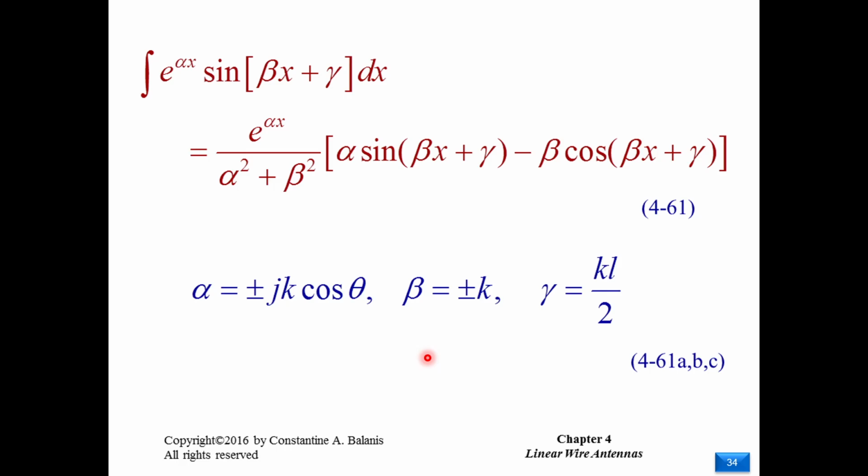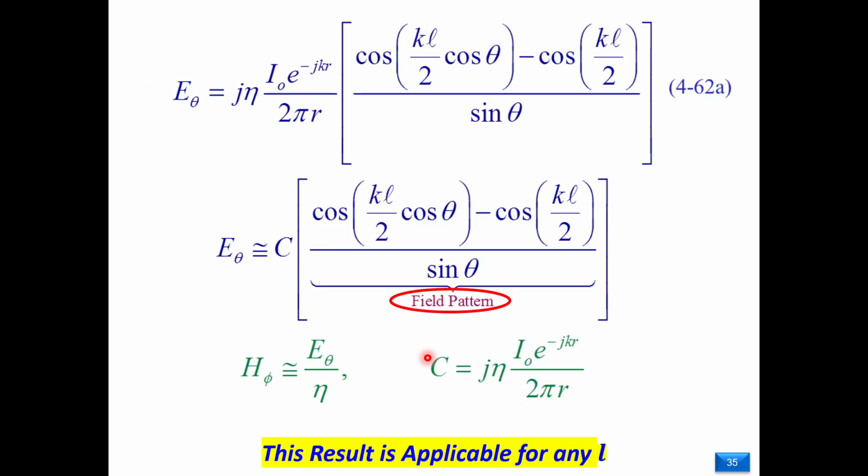So this is just a closed form, but doing the expression, we'll find that E_theta has this form. This is very important. You can even memorize it, though you don't need to in the exam, but this is a very handy expression that is used to find many properties of wire antennas. So this is the field pattern.